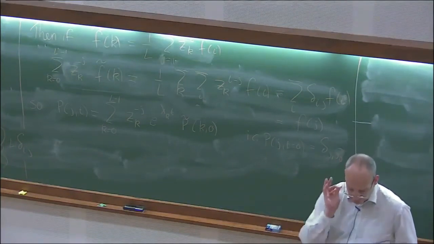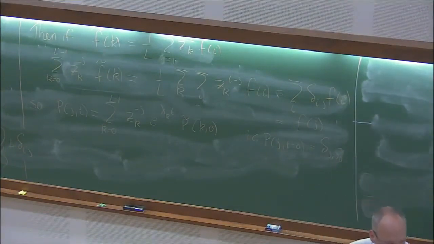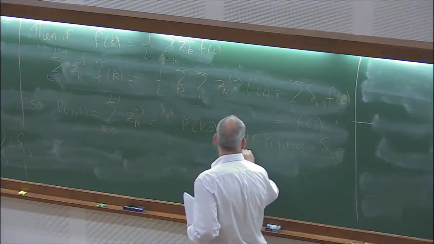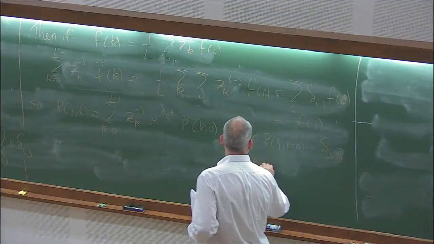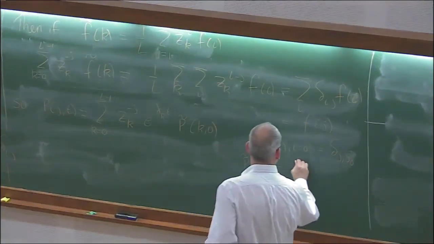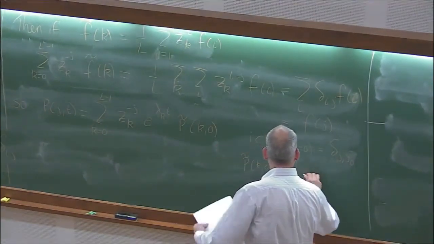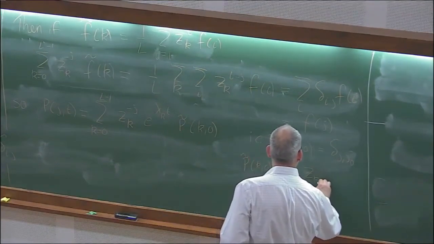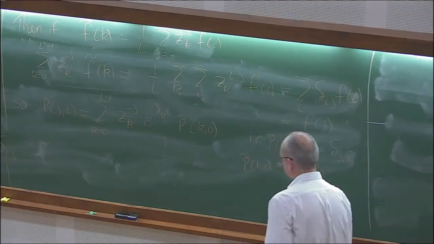I have some fixed initial condition. I could choose something more complicated, like a distribution for my initial condition, but let's just say I start at site j naught. Then p tilde of k, 0 is simply 1 over L, and then it's going to be z_k^j naught.